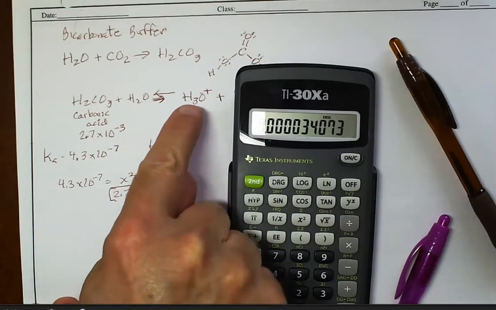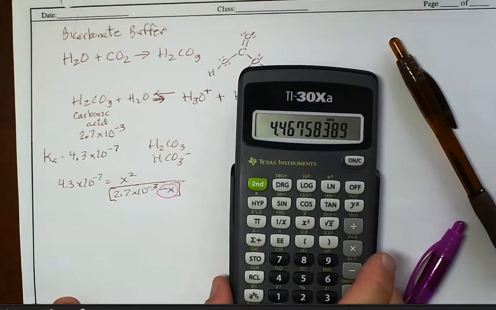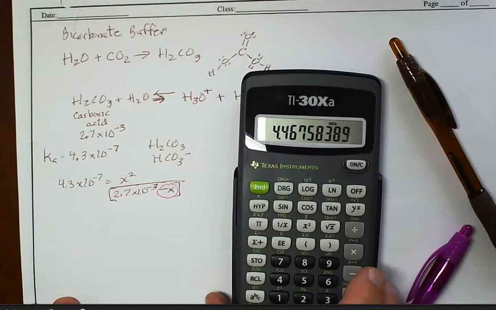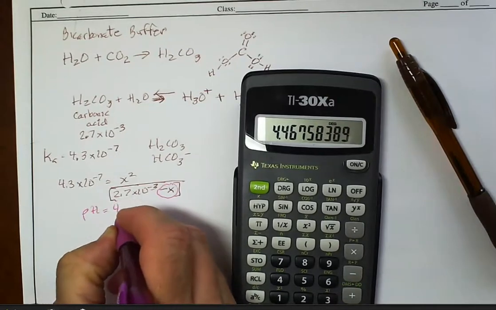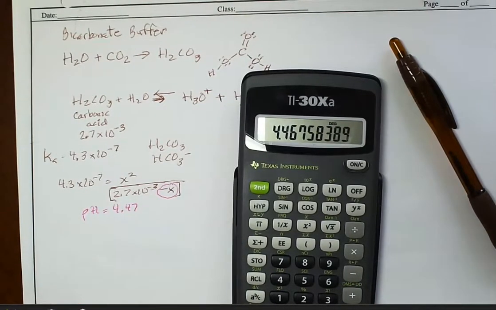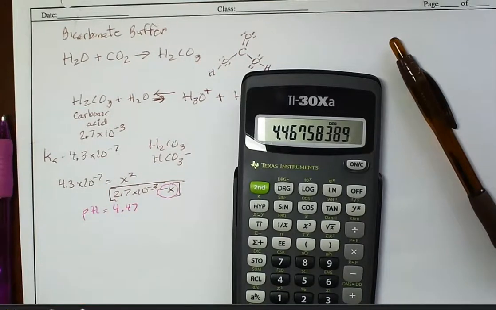Now x is going to be representing hydronium, so if we take the negative logarithm of that, we get a pH of 4.47. pH equals 4.47. So that's what we would have. That's what we would get for just the carbonic acid.